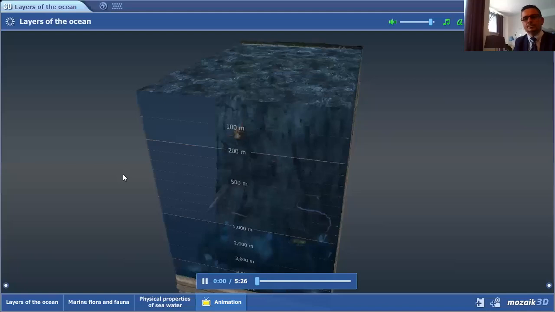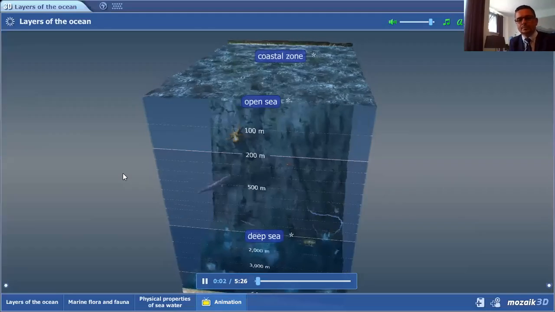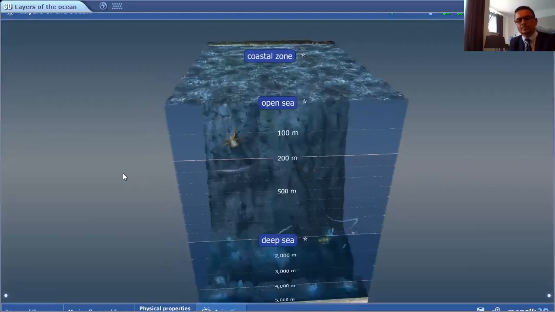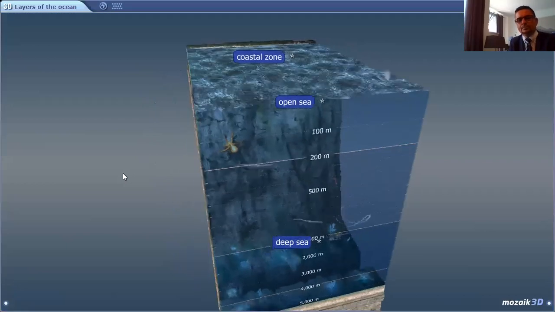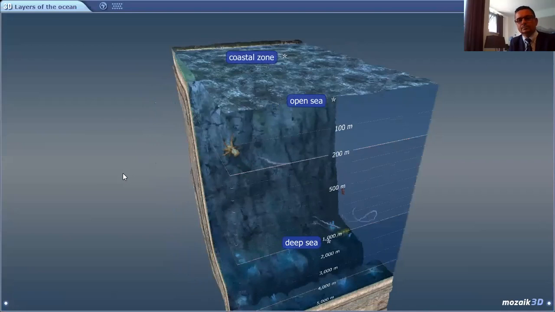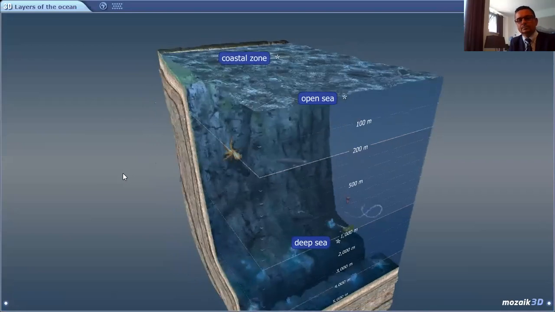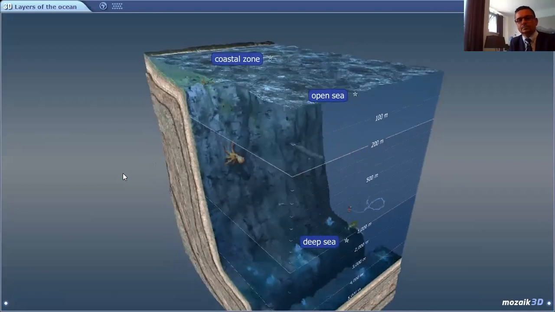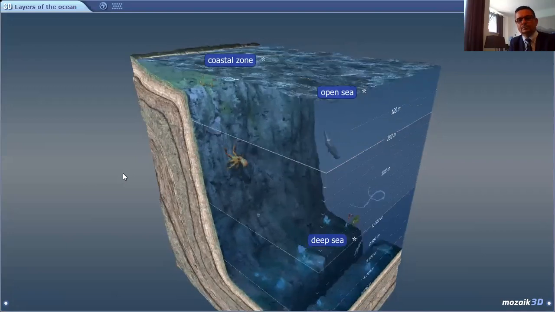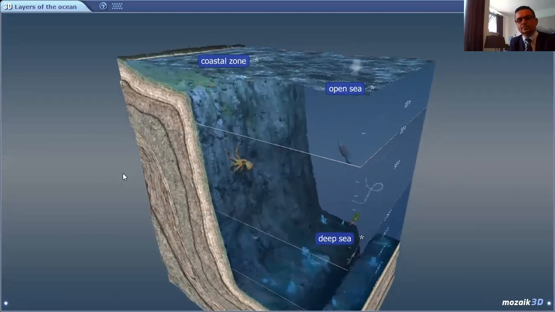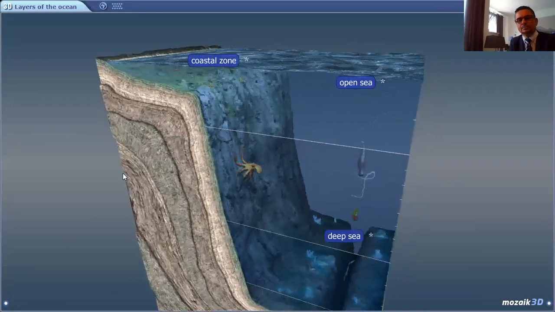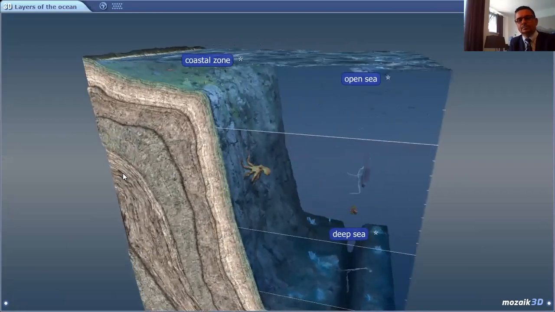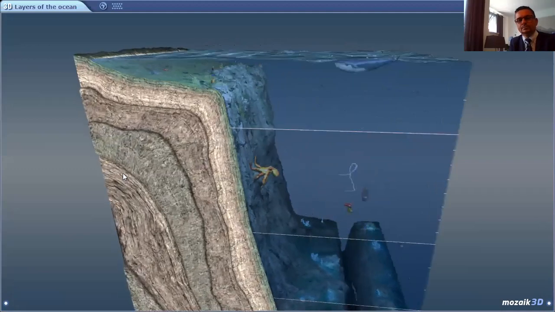The world ocean covers 71% of the Earth's surface, thereby forming the largest habitat. Since marine habitats can be divided into different zones, environmental conditions in the ocean change from zone to zone, both horizontally and vertically. Marine habitats consist of three main zones: the coastal zone, the open sea, and the deep sea.